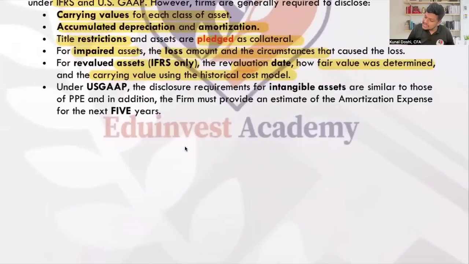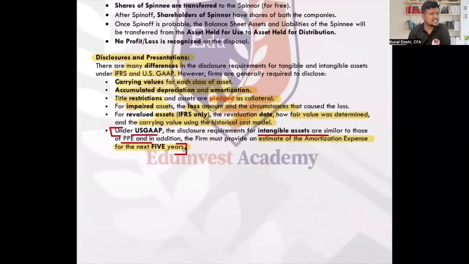But the last disclosure is very crucial because it has a number. Under US GAAP, the disclosure requirement for intangible assets are similar to PPE. And in addition, the firm must provide an estimation of the amortization expense for the next 5 years. This is one of the disclosures that I have shortlisted as important. Why?